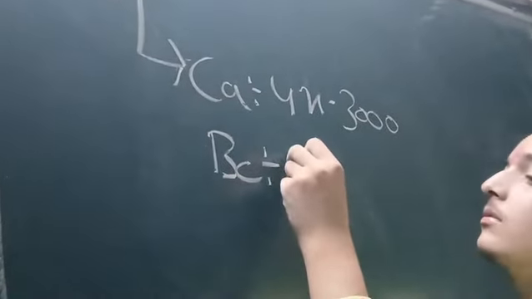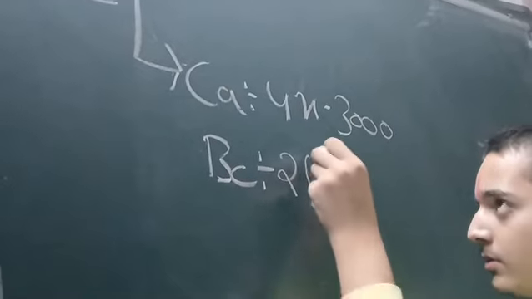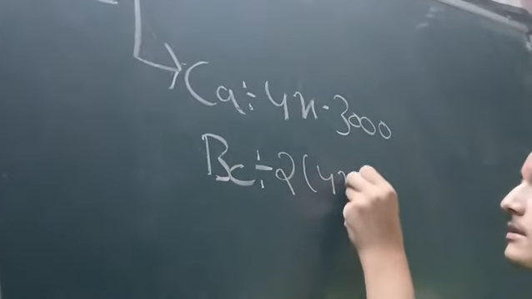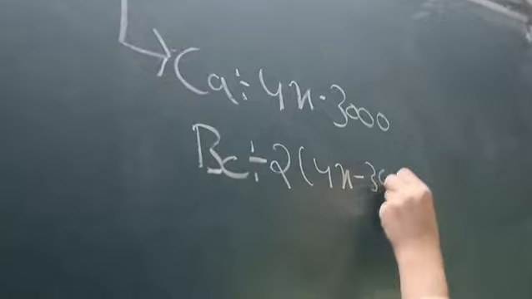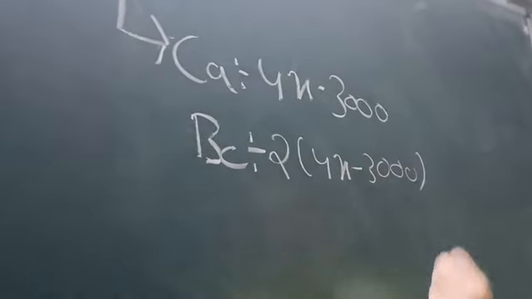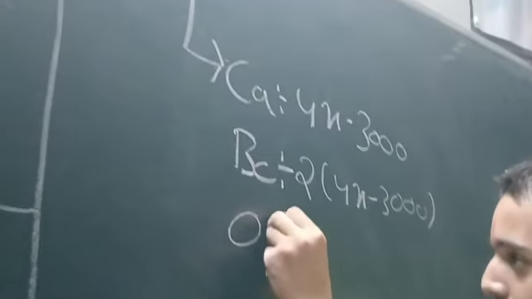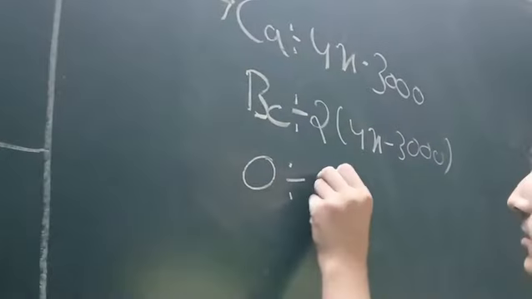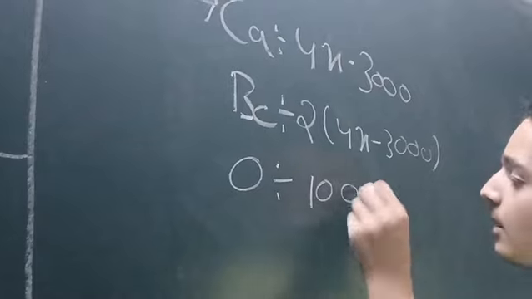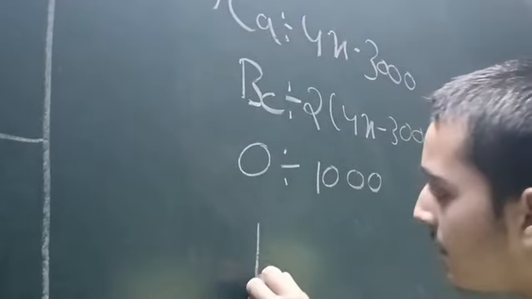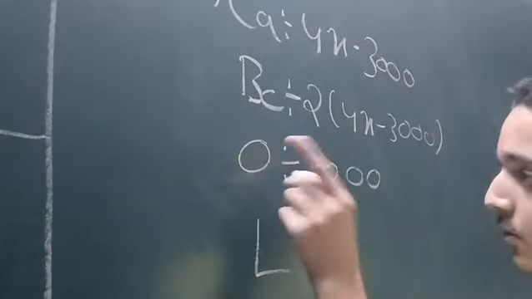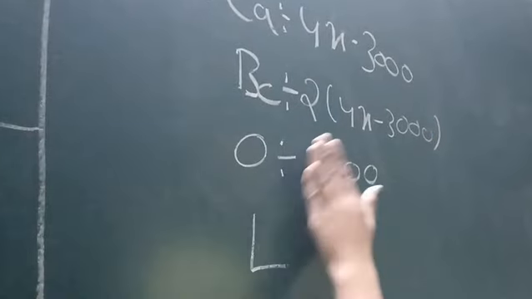So it will be 2 into 4x minus 3000. Then the money offered will again be 1000, and then L will again... I think we should solve this equation first before writing this.